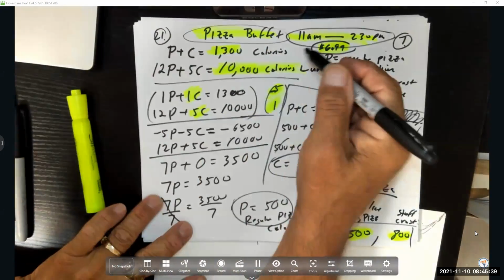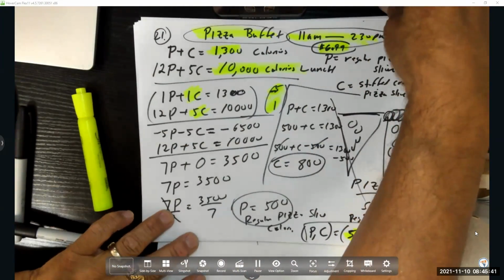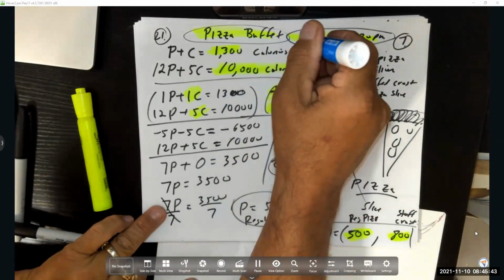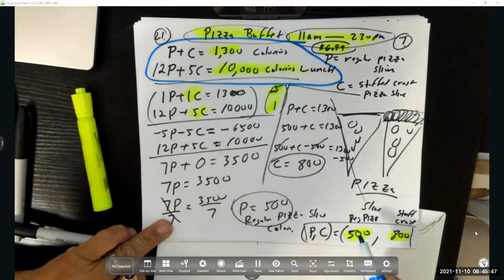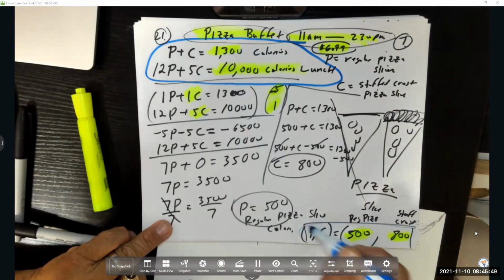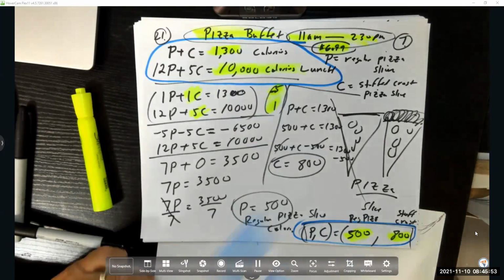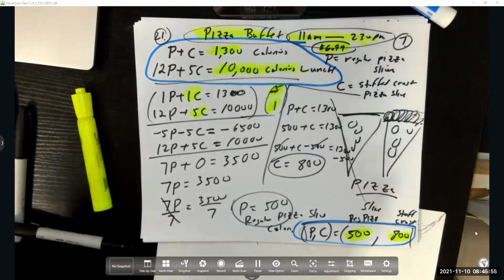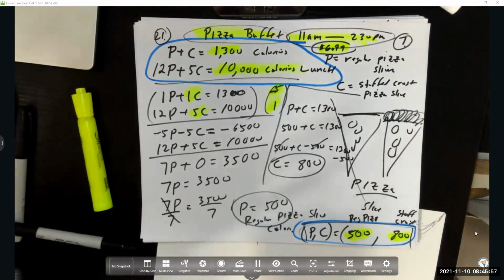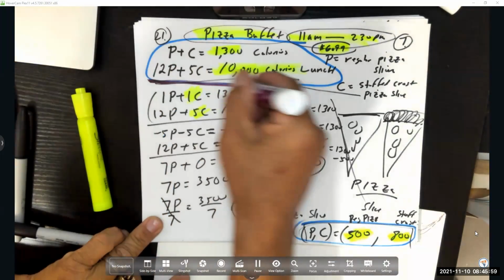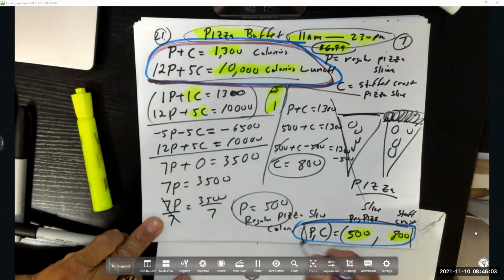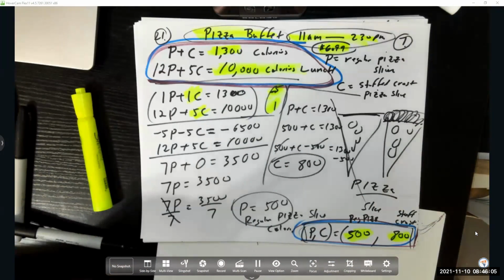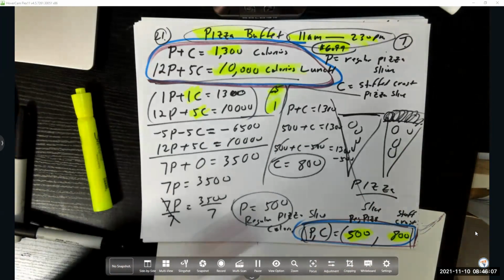So let me put a circle on this. We ended up that this buffet, we said that you got 500 calories for one regular slice, 800 calories for the stuffed crust pizza slices.